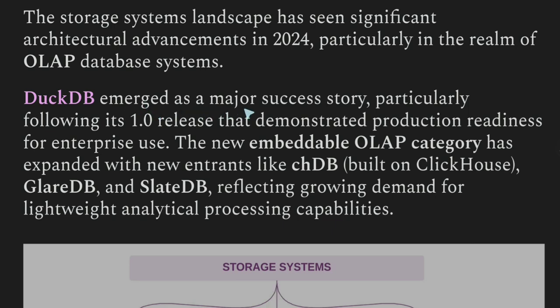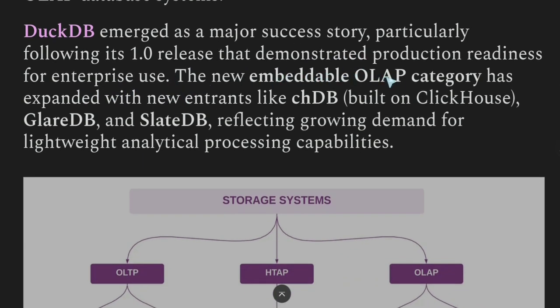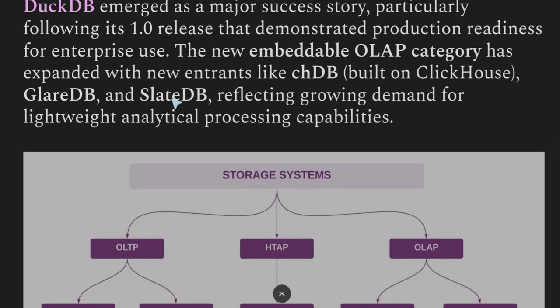DuckDB emerged as a major success story, particularly following its 1.0 release that demonstrated production readiness for enterprise use. The new embeddable OLAP category has expanded with entrants like chDB, built on ClickHouse, GlareDB, SlateDB.